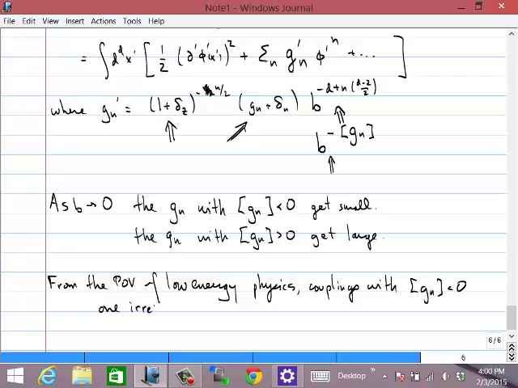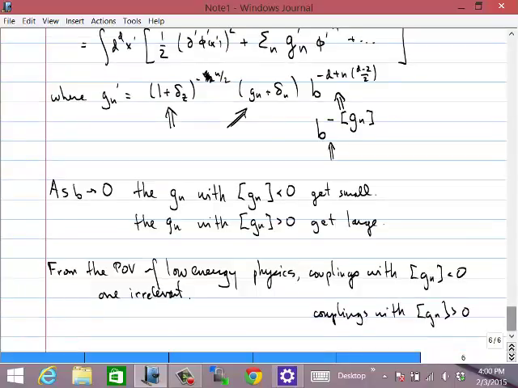They just don't matter from the point of view of low energy physics. Whereas couplings with positive mass dimension are going to be important, and so these are usually called relevant.